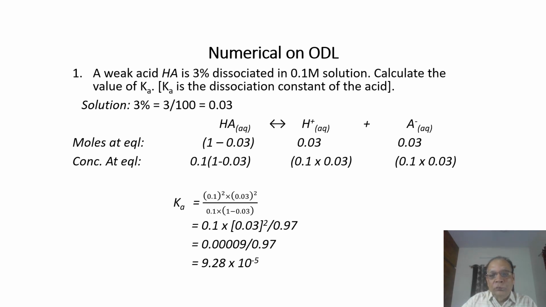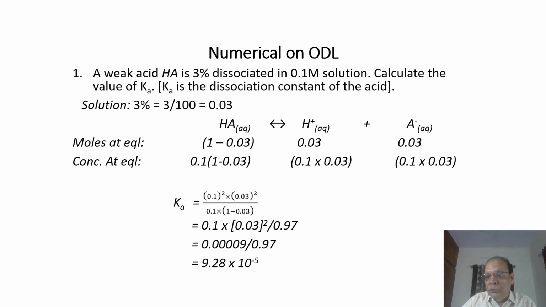Calculating the value, this into this is 0.1 squared into 0.03 squared, that is C alpha squared, divided by 0.1 into 1 minus 0.03, which gives us 0.1 into 0.03 squared divided by 1 minus 0.03, which is 0.97.